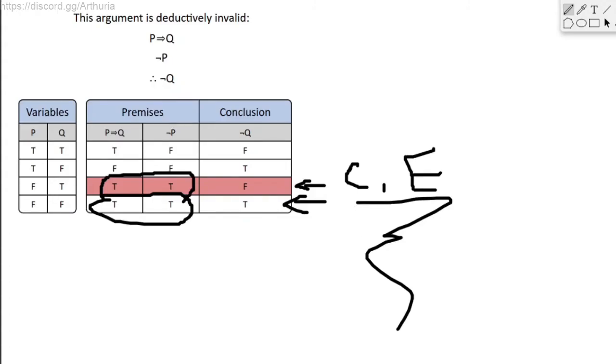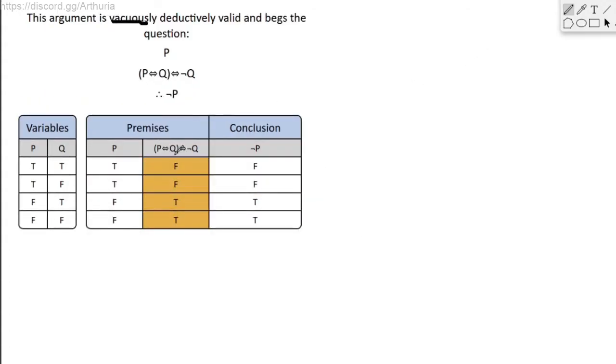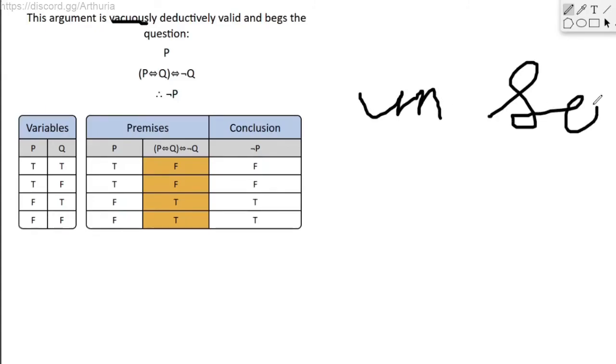So in this case, where we can't do our test, this is unsound. It is an unsound argument because the premises cannot be true together in real life. So valid, but unsound.